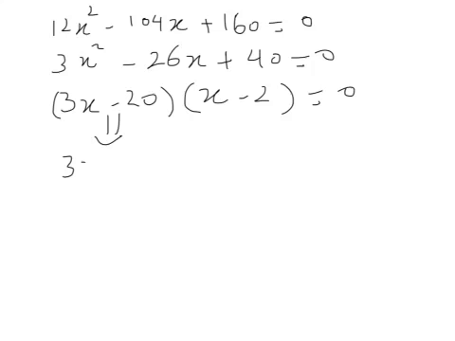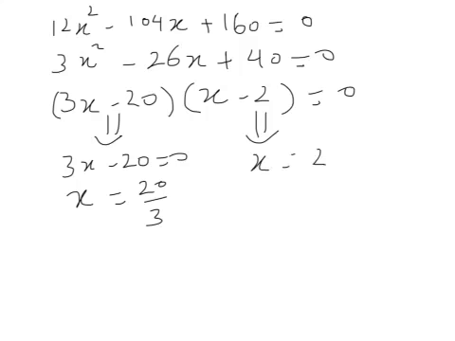So 3x minus 20 equals 0, and this would give me x equal to 20 over 3. Again, using two-step equations, from the other one we end up with x equal to 2. Therefore, we have x equal to 20 over 3 and x equal to 2.